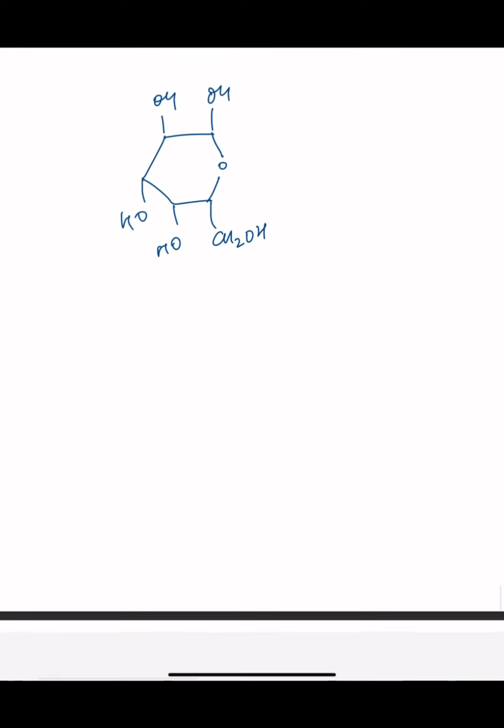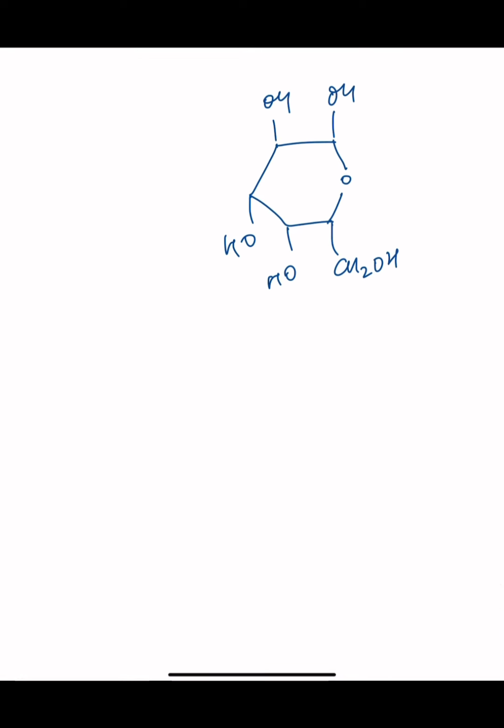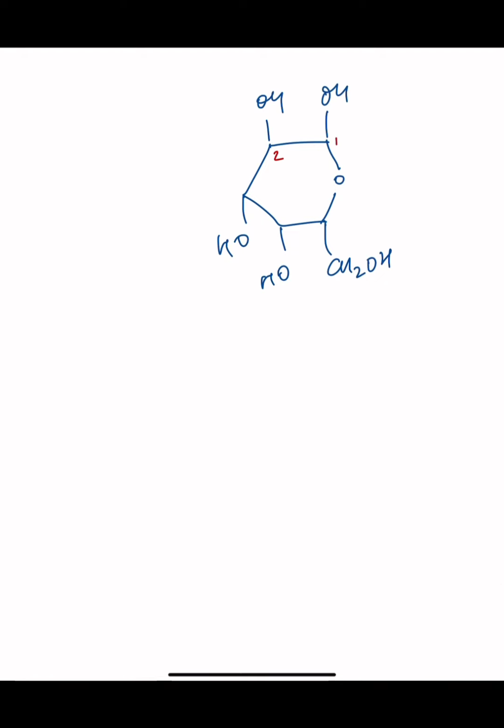So let's say you know how to draw the shape of the monosaccharide. So I got OH, CH2OH, right? So this is one of them. I'm gonna put 1, 2, 3, 4, 5, and 6, right?